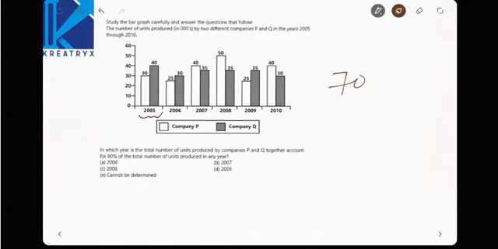Next, in 2006 it is 55, in 2007 it is 75, in 2008 it is 85, in 2009 it is 60. In 2010 it is 70. Now the question is, in which year is the total number of units produced by company P and Q together 80% of the total number of units produced in any year? It seems okay.